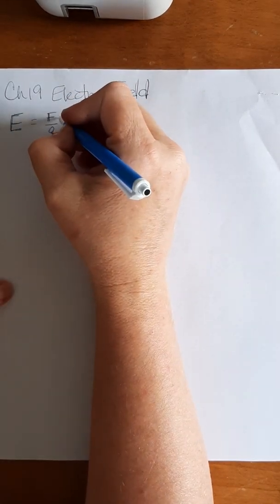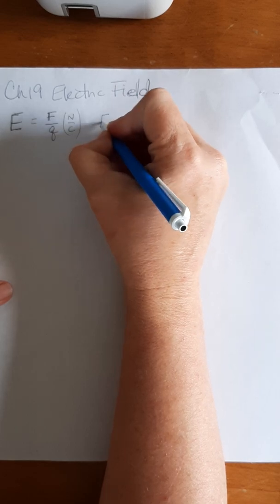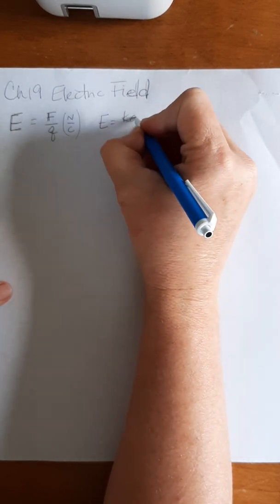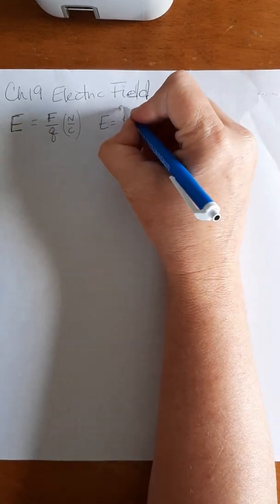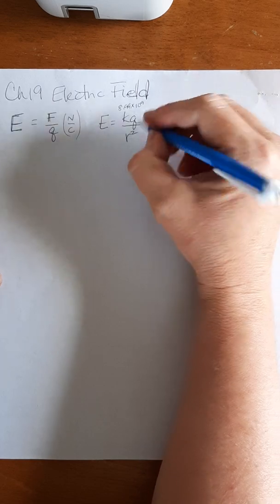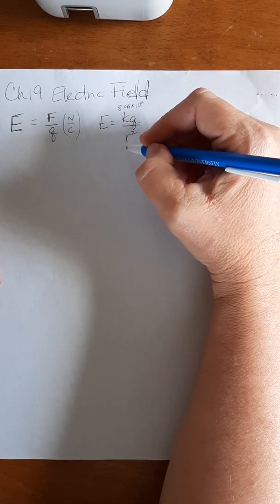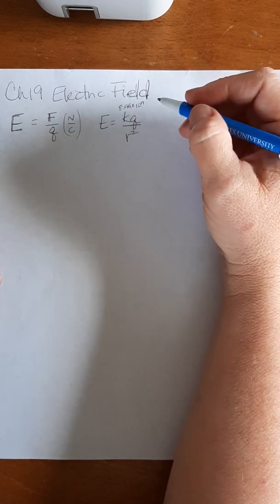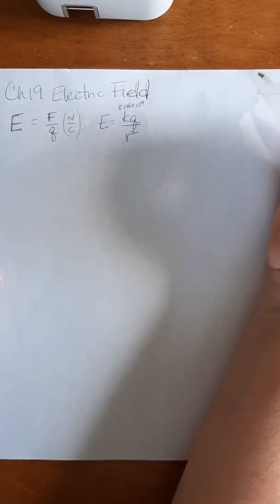The other formula, same thing for electric field strength, is KQ over R squared, where K is the constant, 8.99 times 10 to the 9th. Q is the charge. Radius is the distance, always measured in meters, so still the same unit.